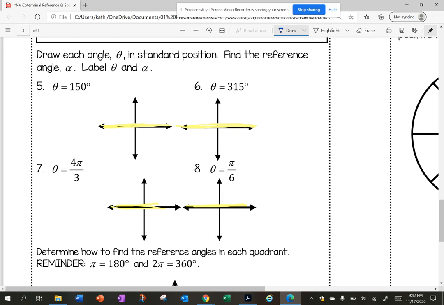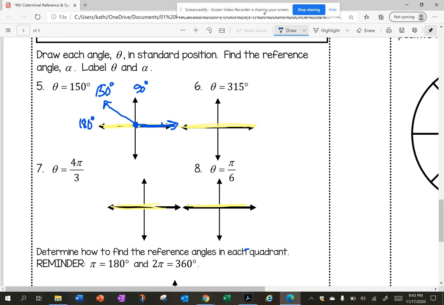So my angle is 150 degrees. I always start on the positive x-axis, and I know this is 90, and here's 180. So 150 is over here, and I'm going to label this as 150.